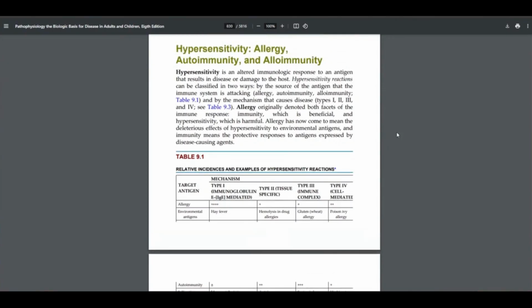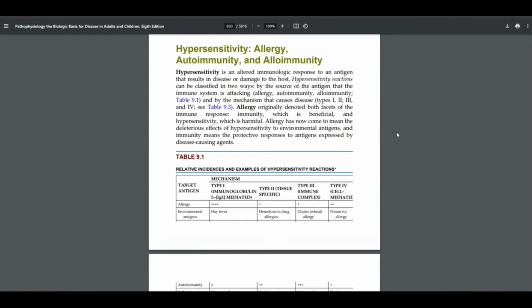All right, so the hypersensitivity, allergy, autoimmunity, and alloimmunity. Hypersensitivity is an altered immunologic response to an antigen that results in disease or damage to the host. Hypersensitivity reactions can be classified in two ways: by the source of the antigen that the immune system is attacking, allergy, autoimmunity, alloimmunity, look at table 9.1, and by the mechanism that causes it, types 1, 2, 3, and 4.